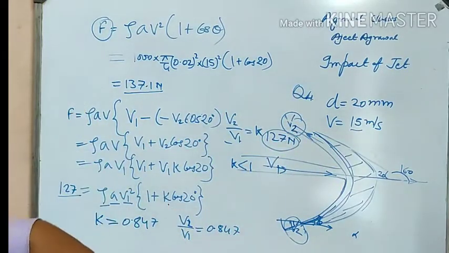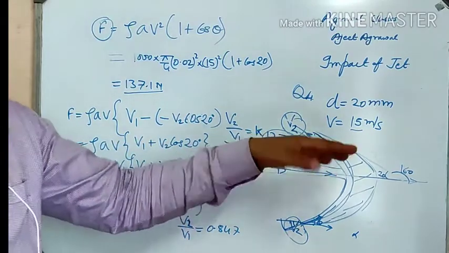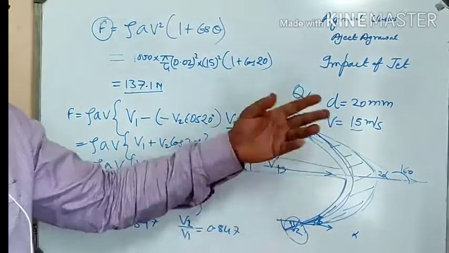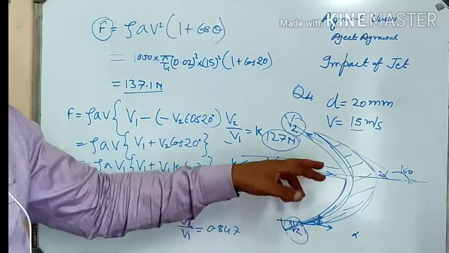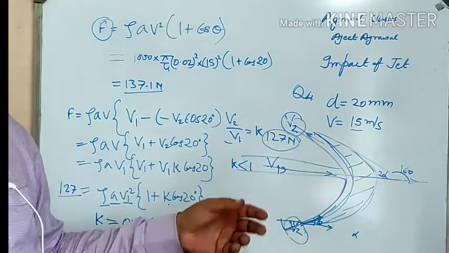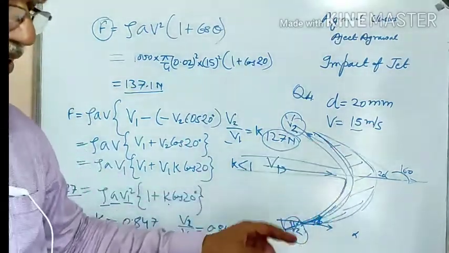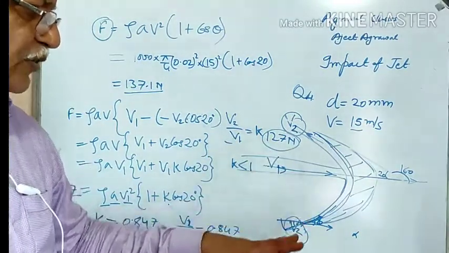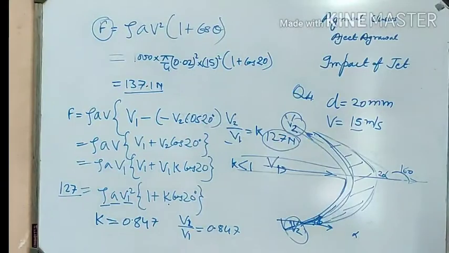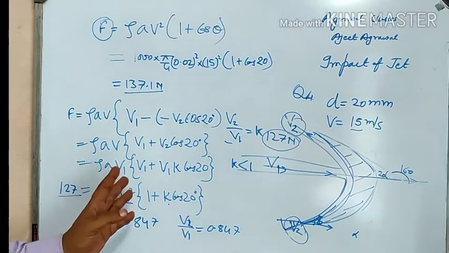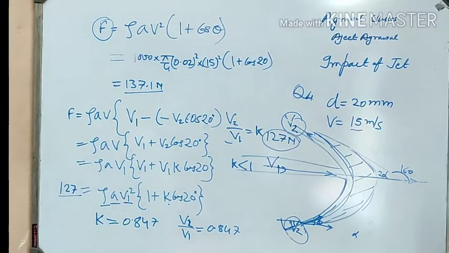So what we always want, when this plate in further reading will be moving, is for the surface to be as smooth as possible, so that the loss because of friction is as low as possible. So this way we can solve question number 4.